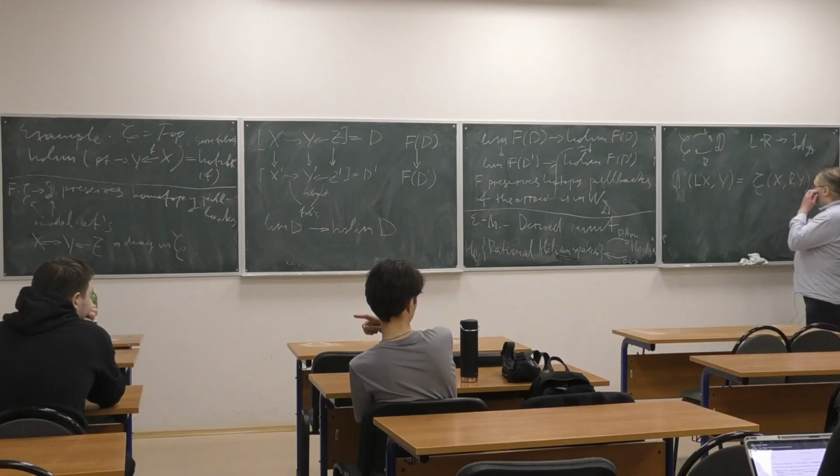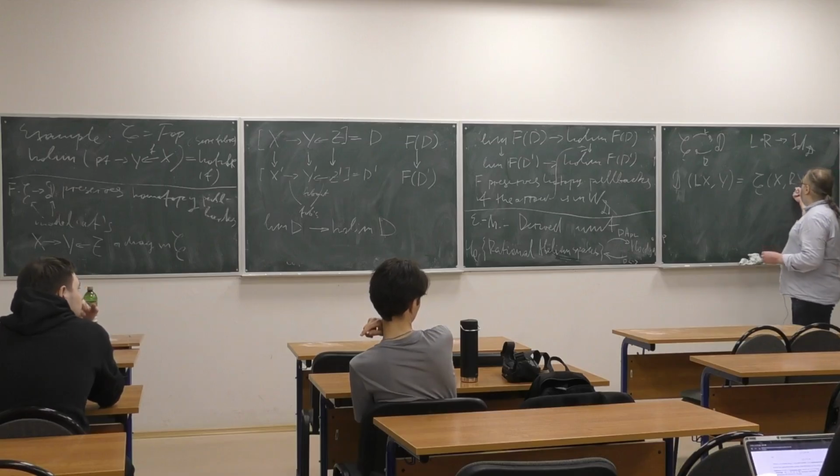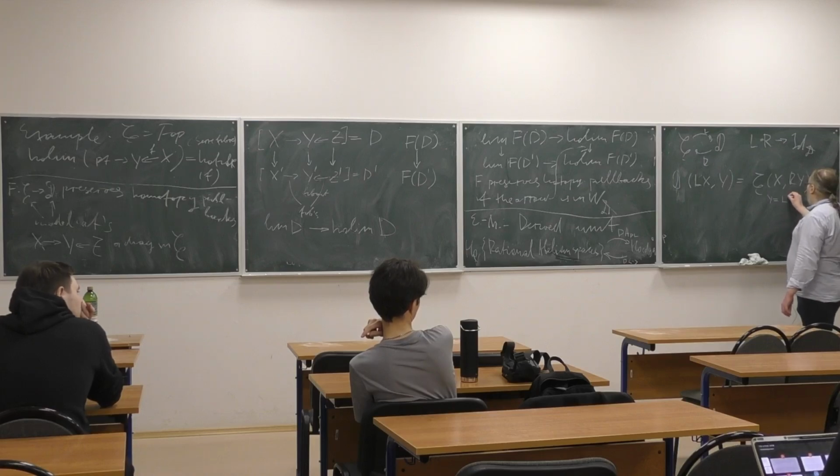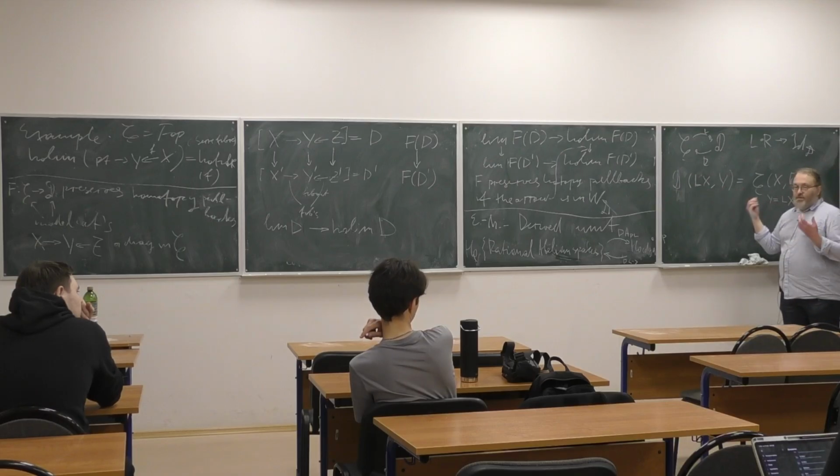Okay, so now let me take Y equal LX. Then I have LX, which has a very distinguished map, the identity map.